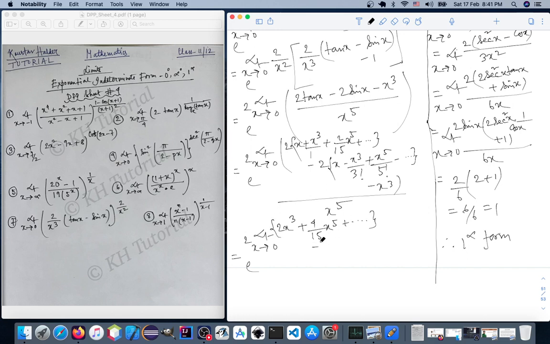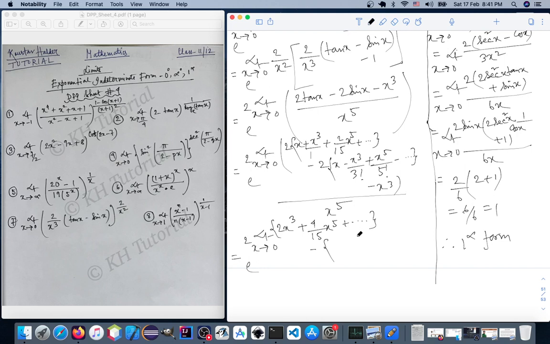Minus, we have already cancelled out the 2x and are trying to see the remaining result.